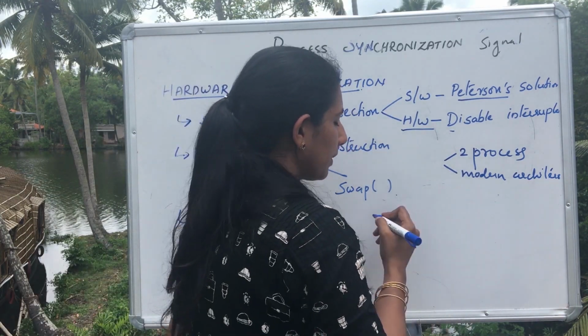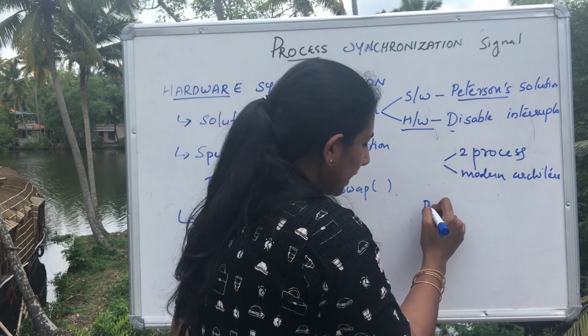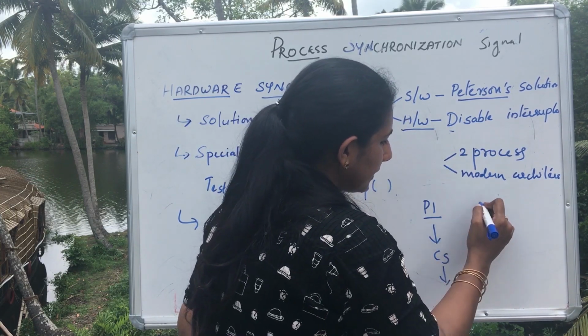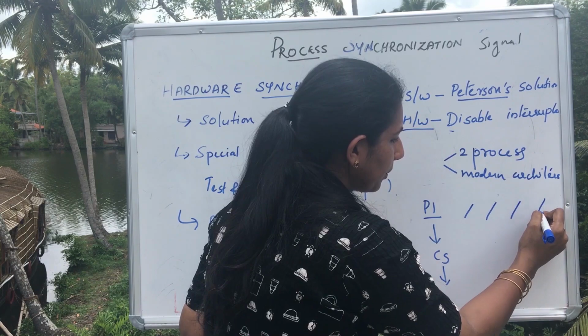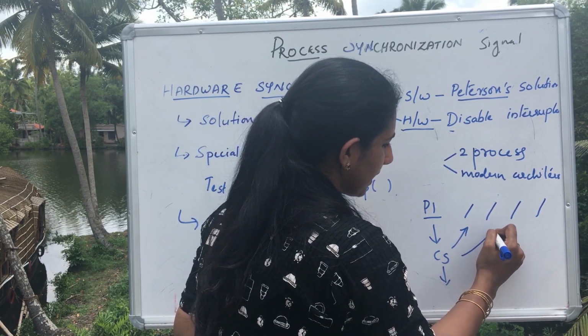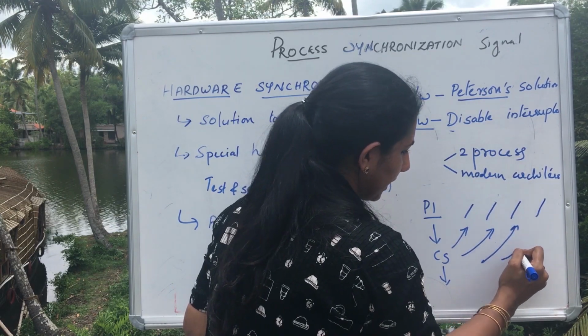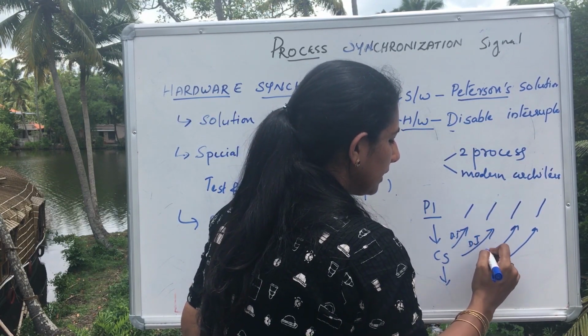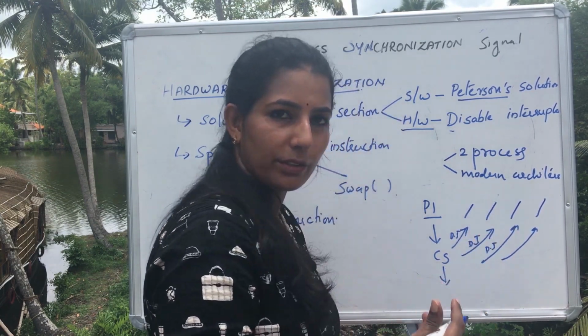But in a multiprocessor system, if a particular process is accessing the critical section, the other processes trying to run in parallel need a message from me saying that I am performing the critical section, so you all disable the interrupt. This message passing takes a lot of time.